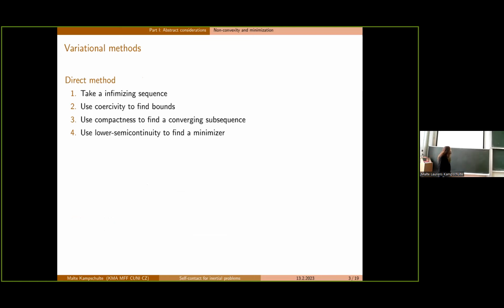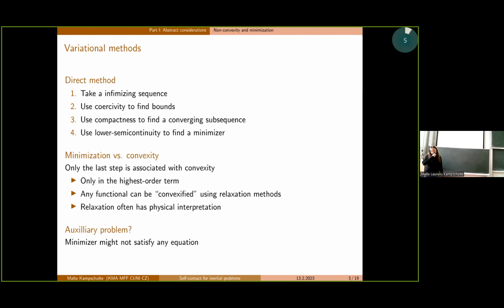Then you find a subsequence and have to work a bit for lower semi-continuity, but either your function is lower semi-continuous, or you just replace it by a relaxed version which is. And then you end up with a solution, which is, of course, a very complicated story made very short.